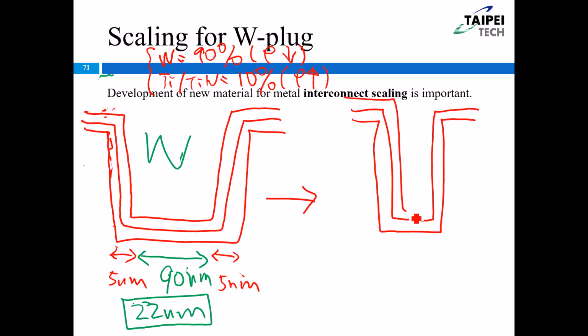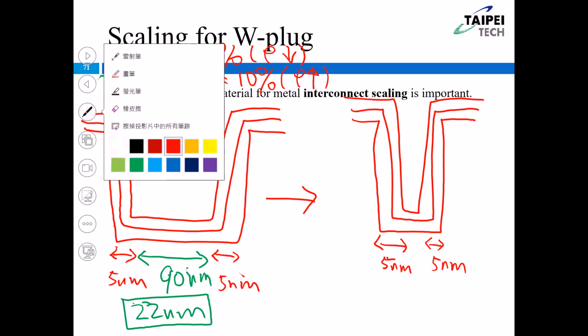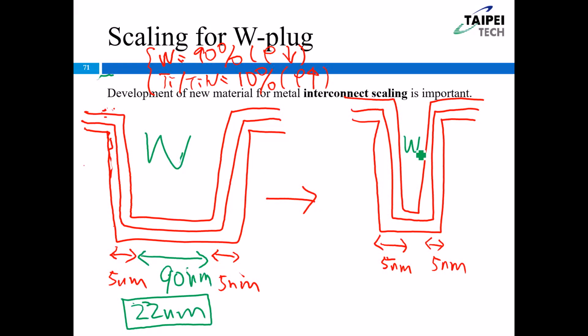After we deposit the Ti and TiN, it's very difficult to scale them down because it's only 5 nanometer, okay? And how about the tungsten? Just for example, right now the tungsten is only 30 nanometer. Sorry, the ratio is a little bit strange, but don't worry about that, okay?